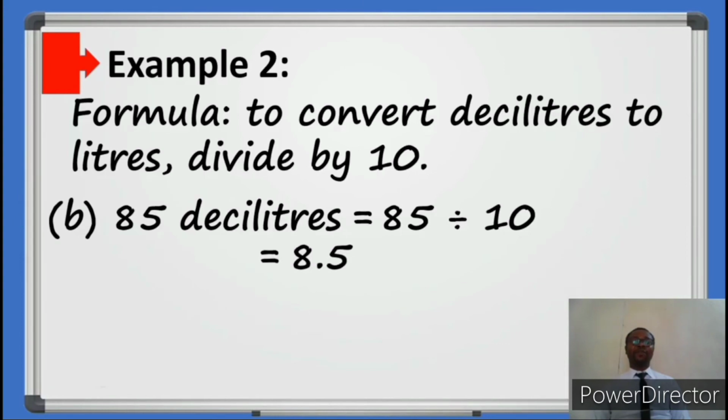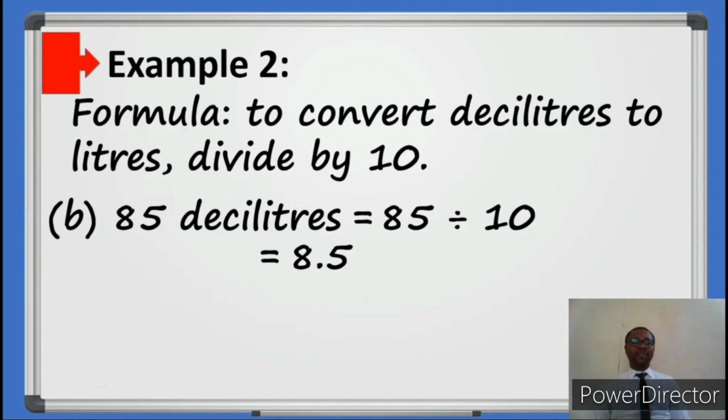When you are dividing a number by a multiple of 10, simply move the decimal point from the right to the left once. Let's assume the decimal point is behind 5, so you move it to the left once. So there will be a decimal point between 8 and 5. That's 8.5.